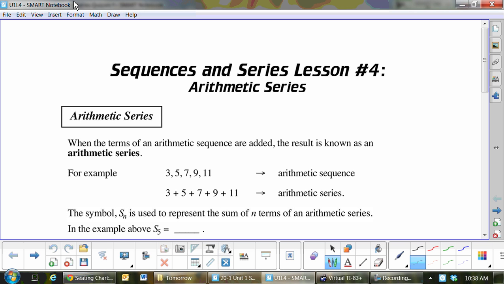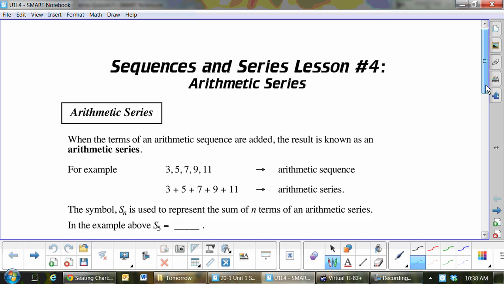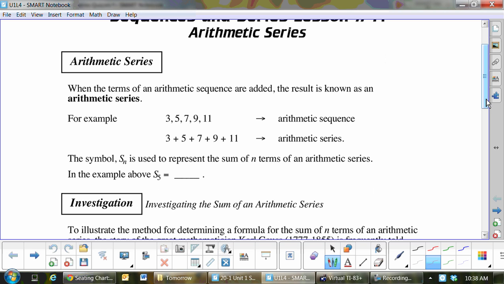Okay. So if I asked you for the arithmetic sequence, I'm asking for the 10th term. If it's an arithmetic series, I'm asking for all of the terms combined. Okay? So this is a very short example.